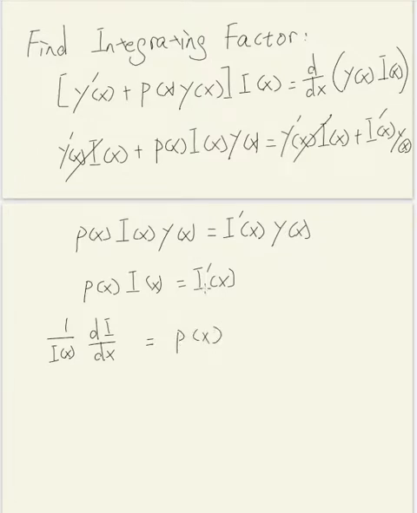So all I've done is divide both sides by I of x and change the notation I prime into di dx. And let's integrate both sides with respect to x. The left-hand side, by chain rule, is 1 over I, di, equals the integral p of x dx.